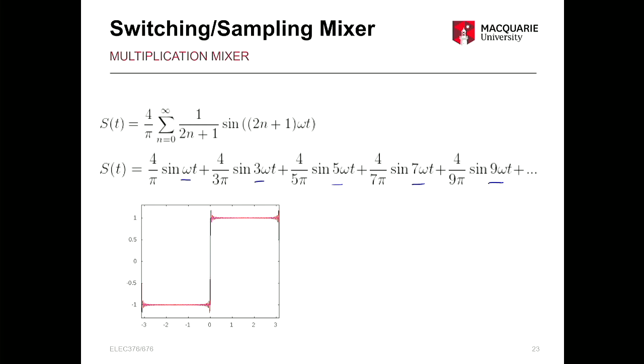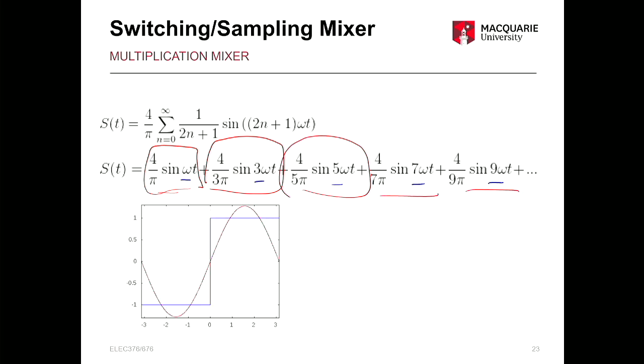So a square wave can be expanded into sine omega t plus sine 3 omega t, sine 5 omega t, 7 omega t, 9 omega t, and so on, which in general form you can write like this. So that is a sine wave swinging between plus and minus 1 volts, with a 0 DC value.